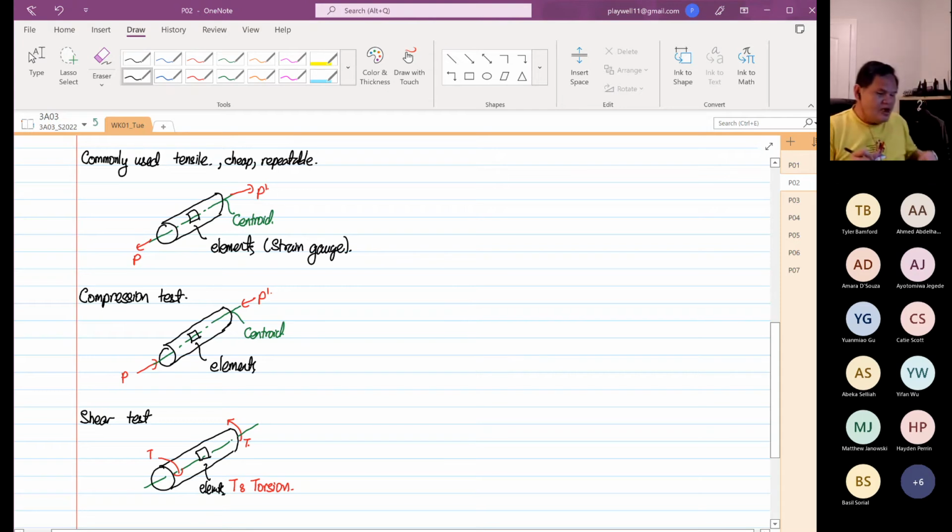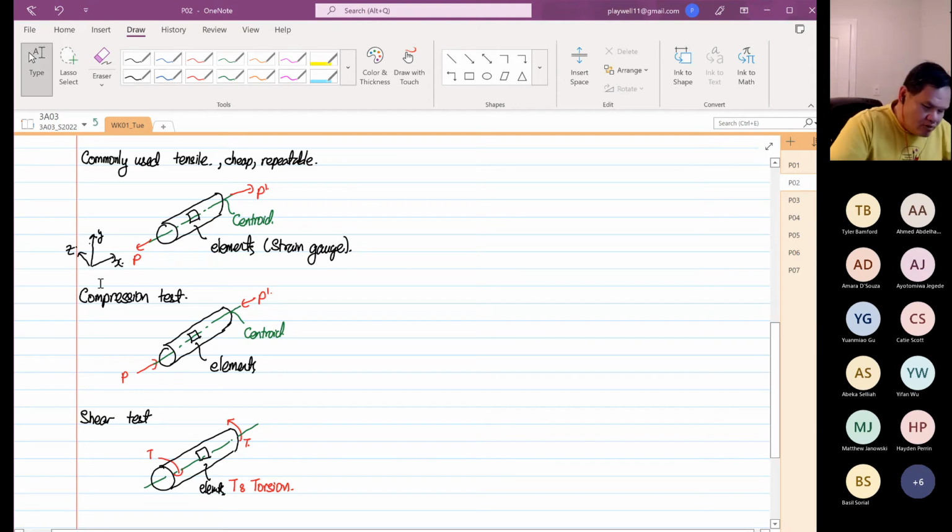So the elements are loaded differently. I'm going to use a common transformation. I'm going to call this my X. This direction is your Y, and this direction is your Z for all of them. We're going to use the same transformation.